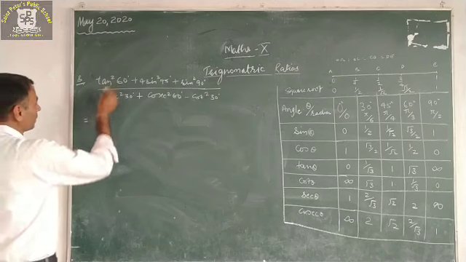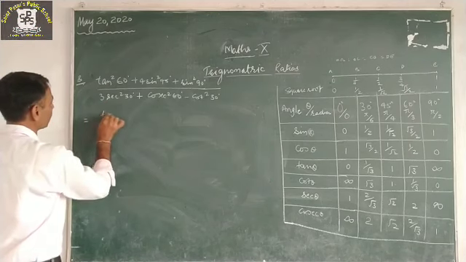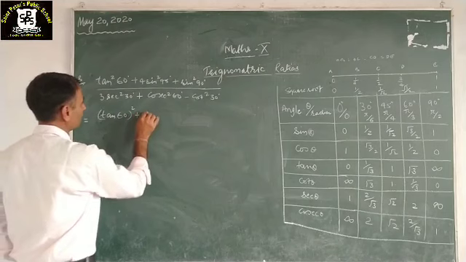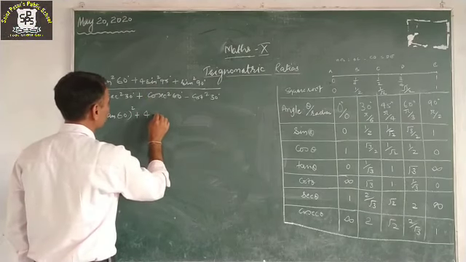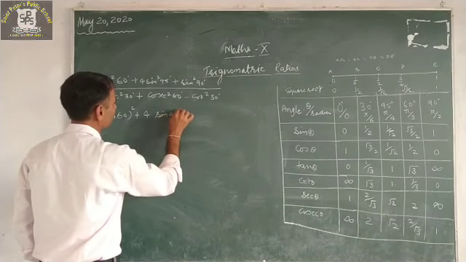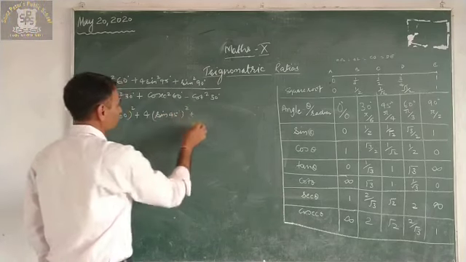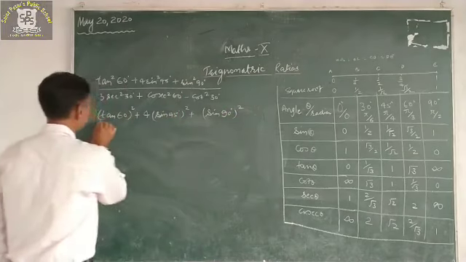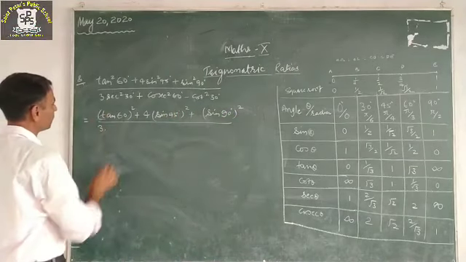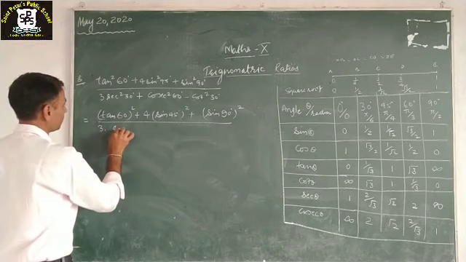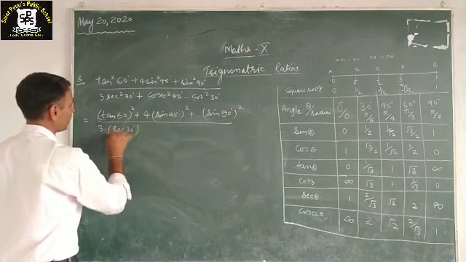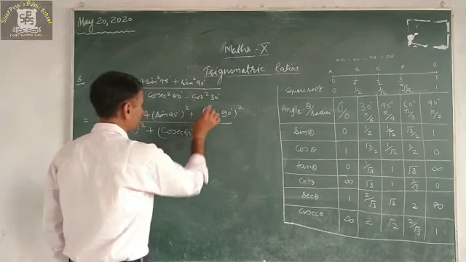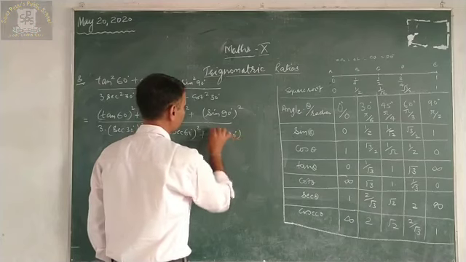As you know, we can write tan square 60 degree as tan 60 degree whole square, and 4 sine square 45 degree can be written as 4 into the whole square of sine 45 degree, and sine square 90 degree can be written as the whole square of sine 90 degree, divided by 3, which is the constant term, multiplied with the whole square of sec 30 degree, plus cosec 60 degree whole square, plus whole square of cot 30 degree.